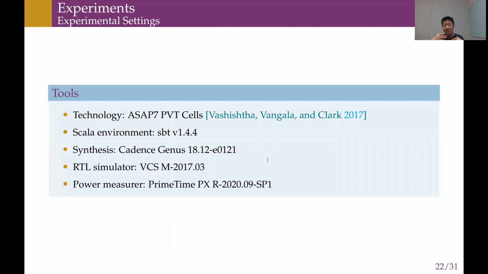For the experiments, we use ASAP7 PDK cells, which target 7 nanometer technology, and we use Genus, VCS, and PrimeTime PX to do the synthesis, simulation, and power evaluation respectively.